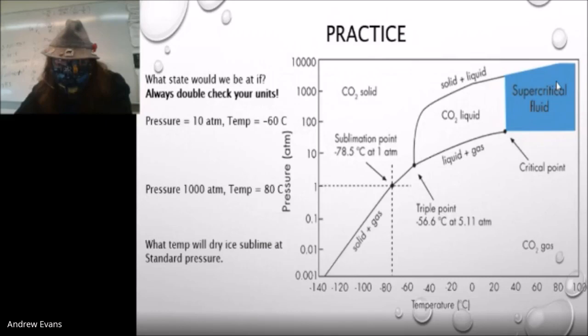What temperature will dry ice sublime at standard pressure? Standard pressure is 1 atmosphere, and this one is actually marked off on the graph for you. At standard pressure, it would sublime at negative 78.5 degrees C. So that is essentially the freezing point of dry ice.